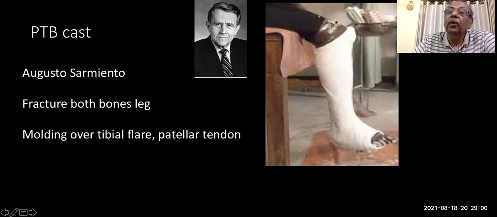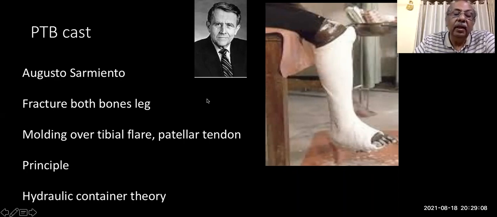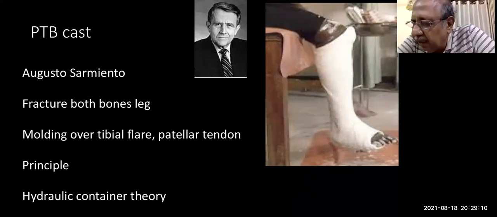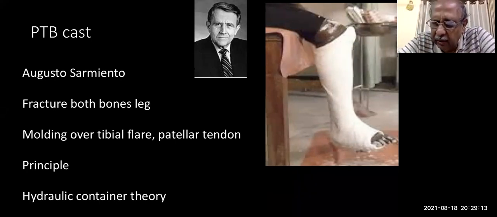So what you do is you mold the plaster to the tibial flare and the patellar tendon. The principle is the hydraulic container theory. If it is asked in your OSCE, you have to write hydraulic container theory. That is, this rigid fitting plaster makes the leg segment a hydraulic column.